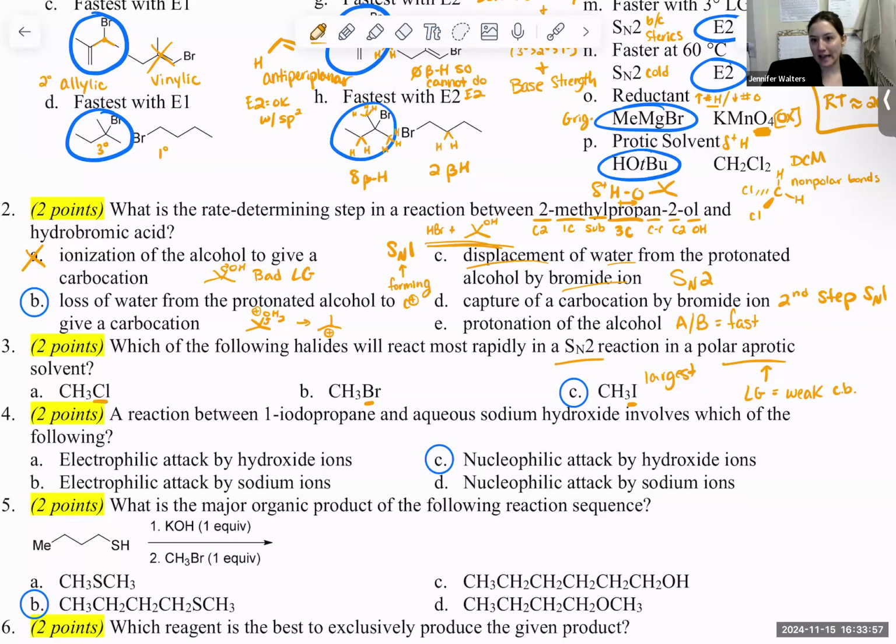That's why hydroiodic acid is our strongest acid. So of the halogens, iodine is the largest atom. So in an aprotic solvent, that is going to be my best leaving group. In a protic solvent, chloride would be the best because chloride is small and you get that tight solvent shell.